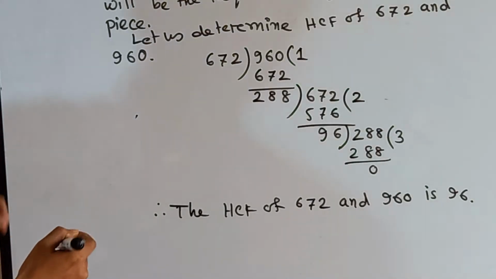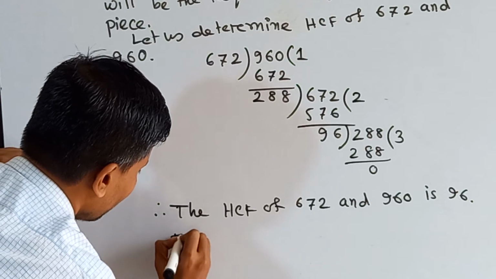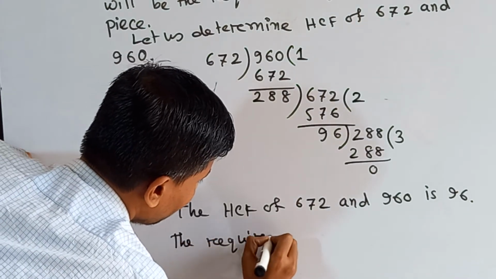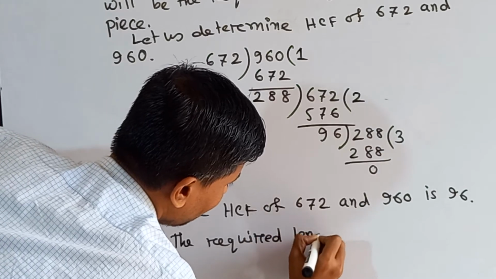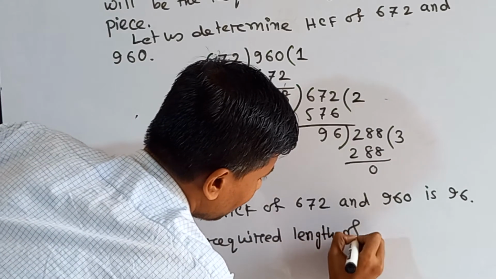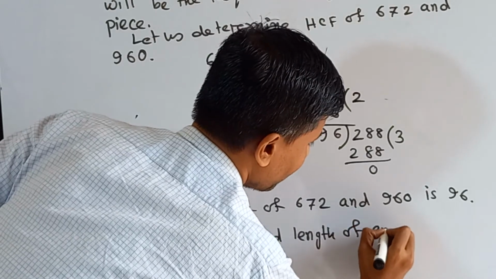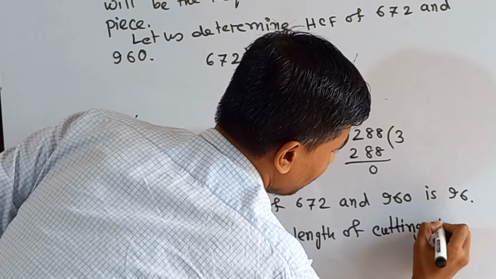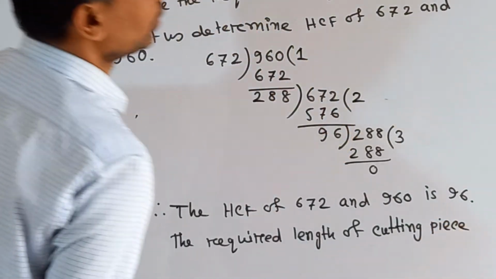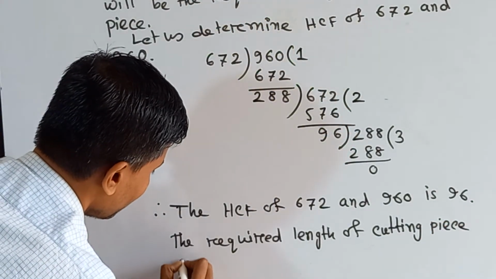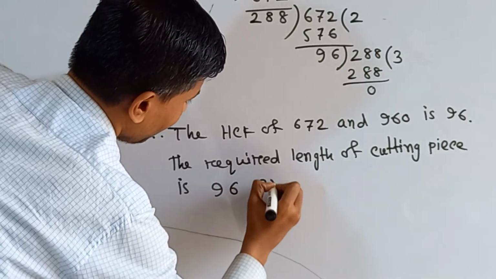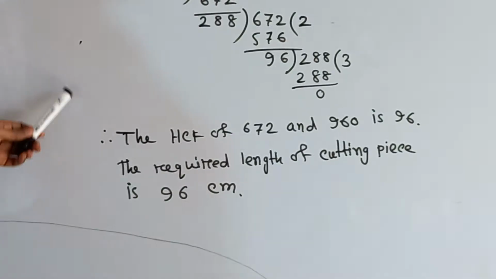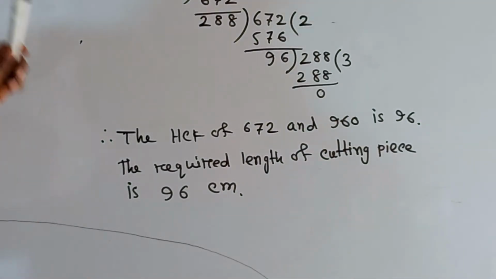Therefore, the required length of the cutting piece is 96 centimeter. This is the solution for the first step.